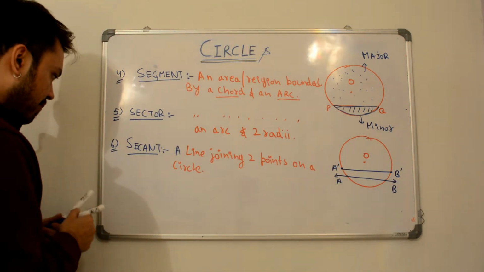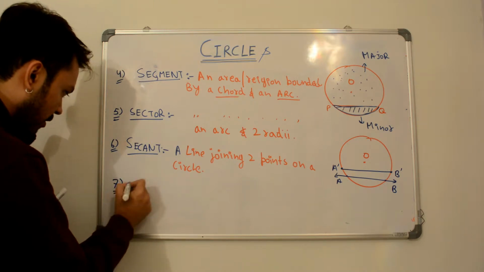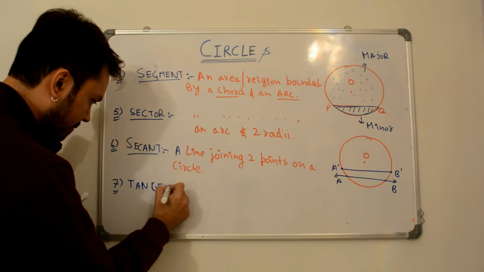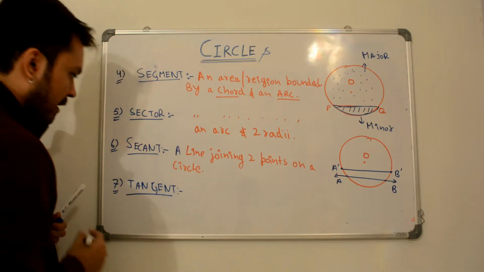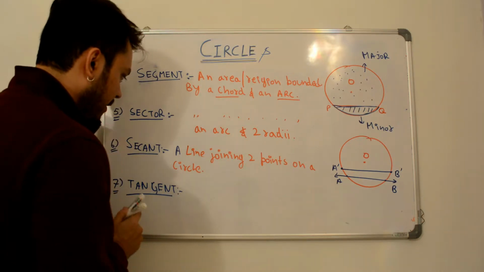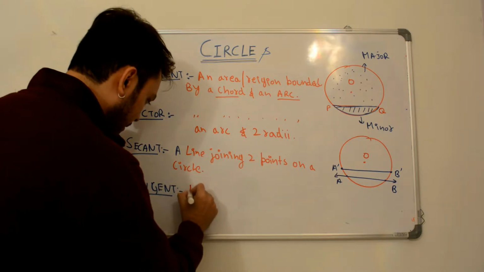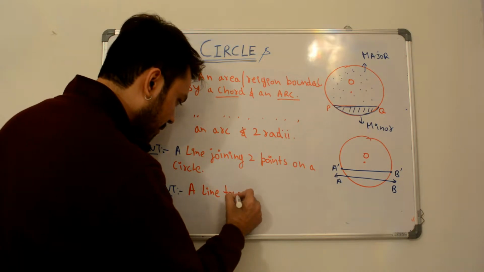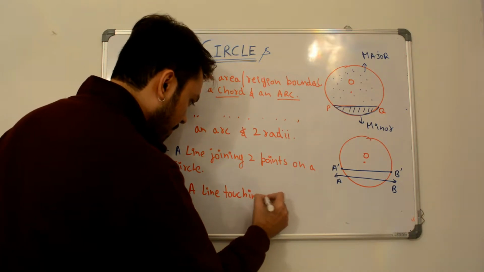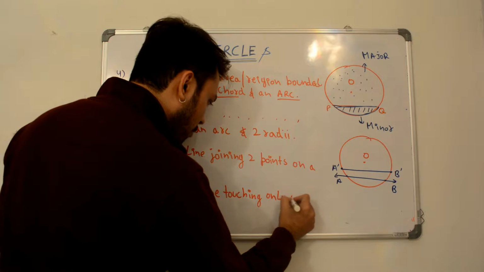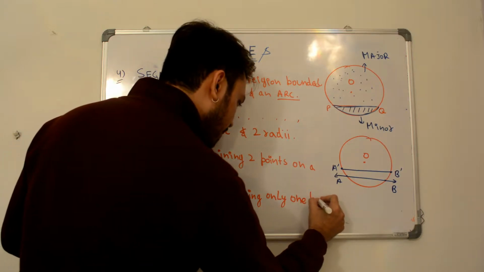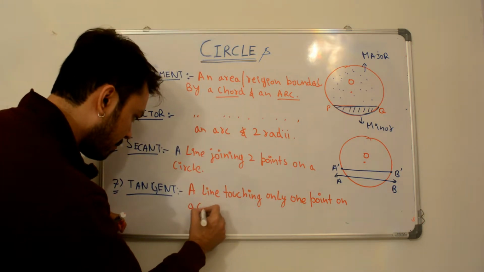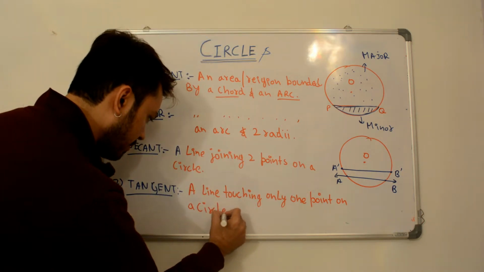And the seventh point, we have to define what is a tangent. A tangent is again a line touching only one point on a circle.